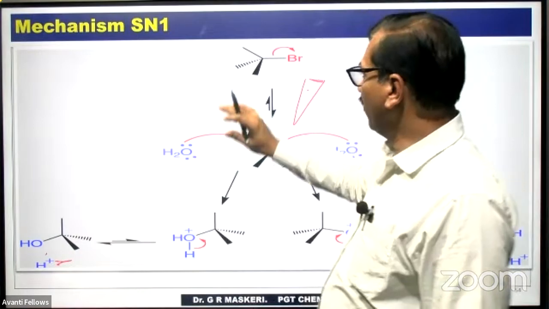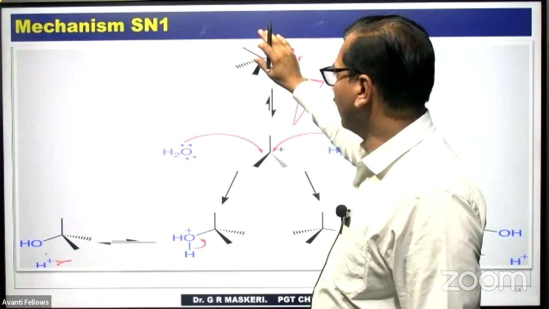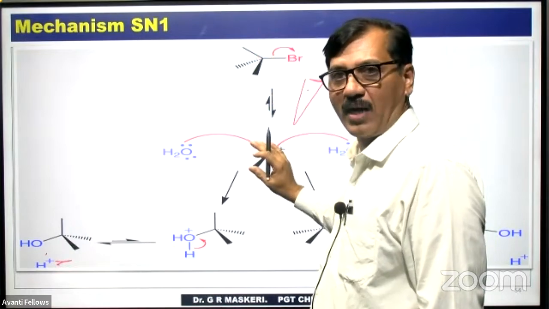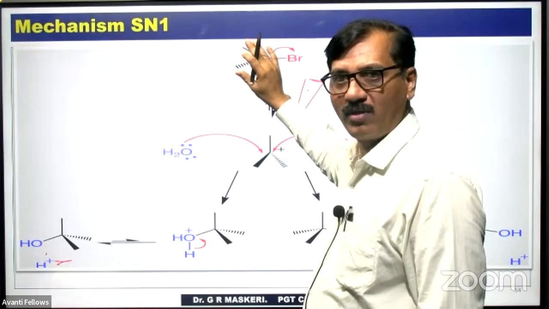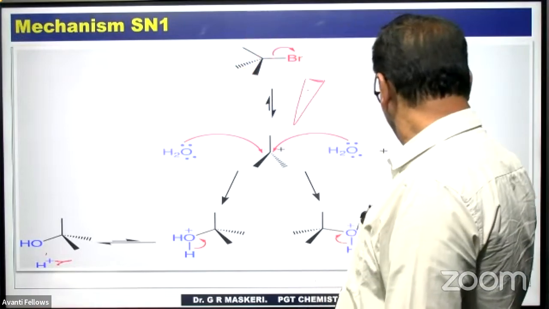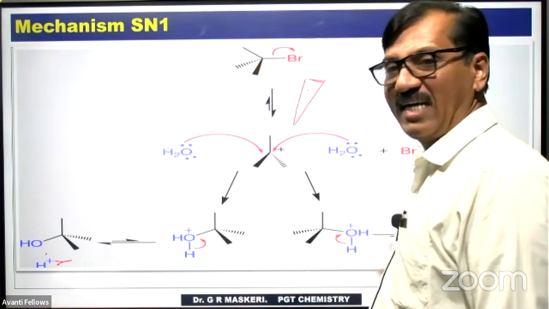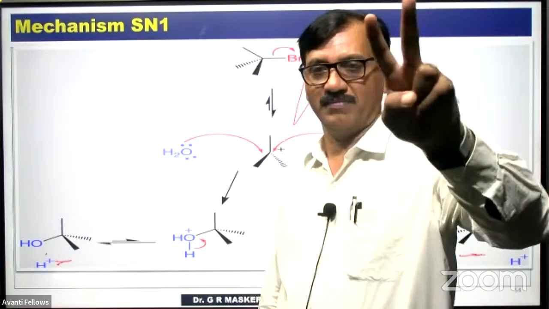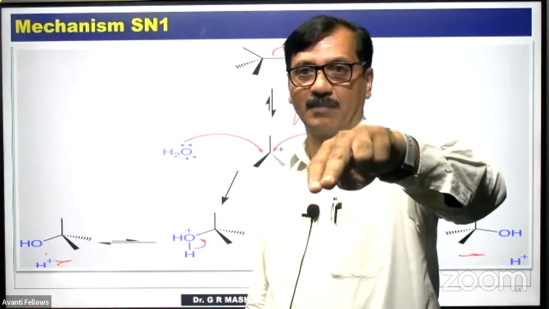So whenever a carbocation is forming, or whenever the compound is following the SN1 path, there is a chance that the given compound will invert its configuration or retain its configuration. There are two equal possibilities of having both compounds.